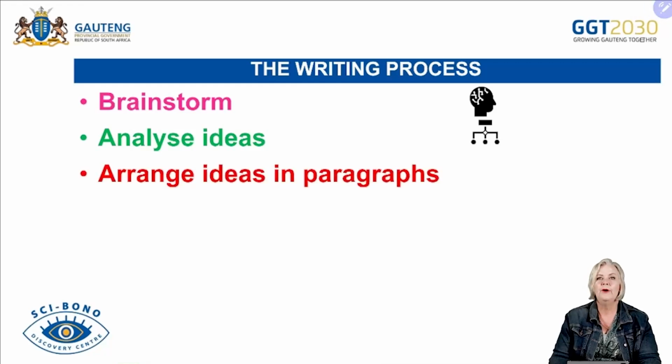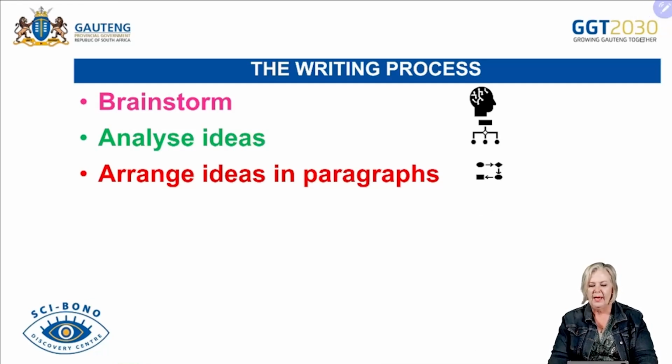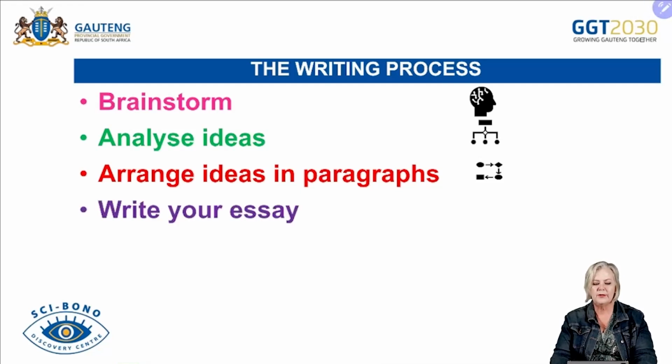After that, you arrange your ideas into paragraphs. See how the writing process sorts itself out. Remember, when we do the writing process, there is a specific structure. We have to focus on paragraphs, and each paragraph should contain a main idea that you actually elaborate on, you say more about.